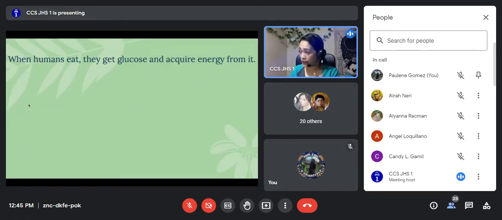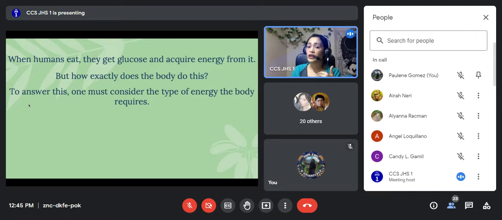So, when humans eat, we get glucose and acquire energy stored from its structure. So how does the body do this? How can we get the necessary energy from the food that we eat? Take note, there are different forms of energy.